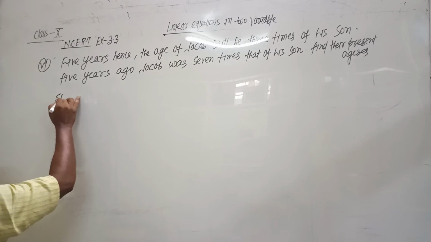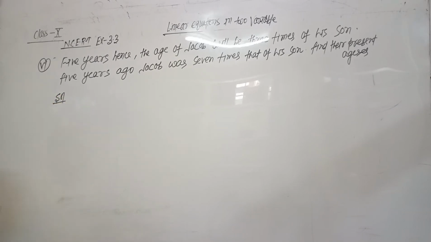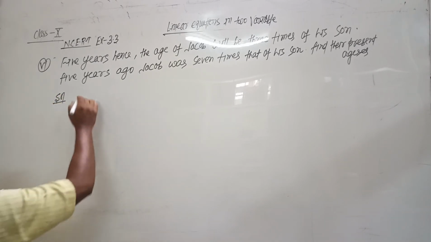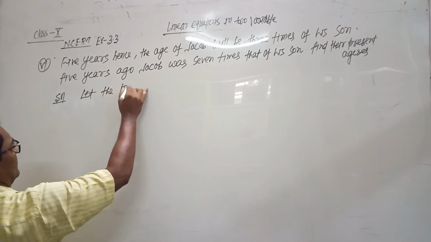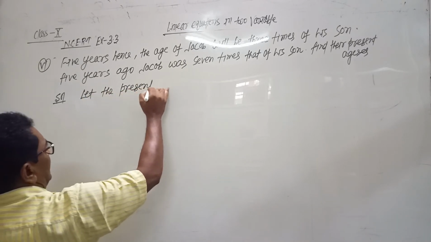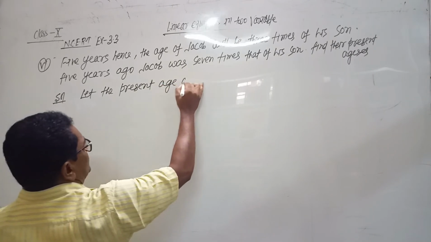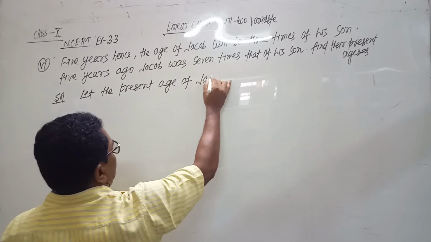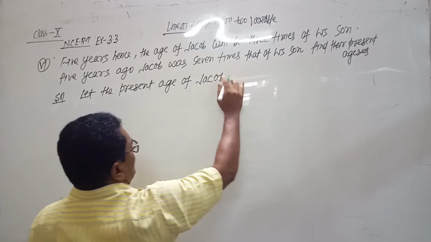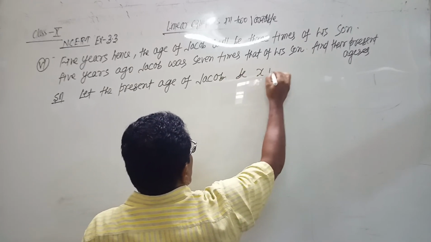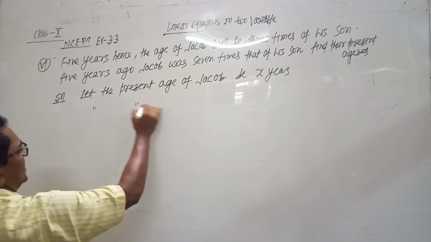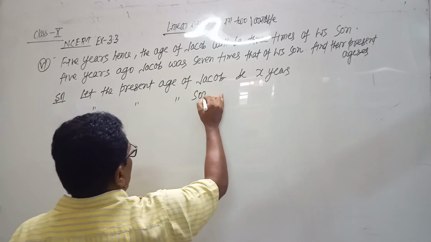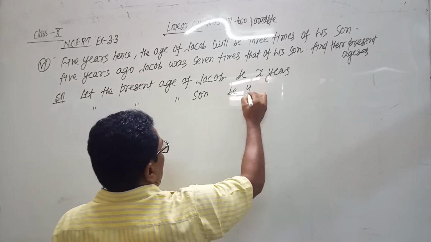So we will suppose, let the present age of Jacob be x years, and let the present age of the son be y years.